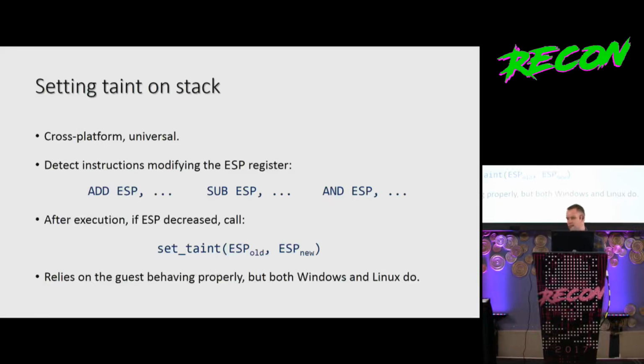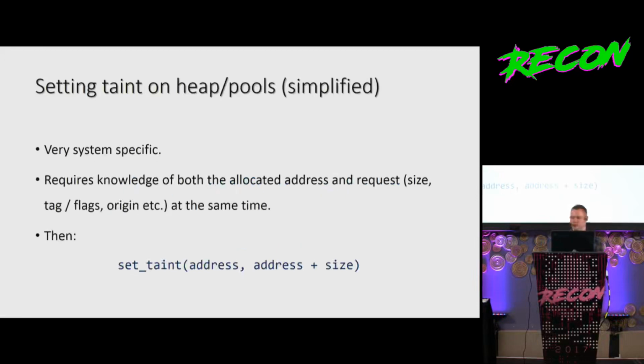If that is the case, then we just set taint on the whole memory region that was created by subtracting ESP. This, of course, relies on the fact that the guests have to behave properly and never reference ESP with a negative offset and stuff like that. But it turns out that both Windows and Linux behave properly, and they don't have any problems with that.